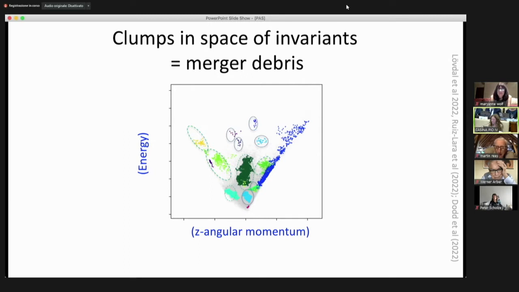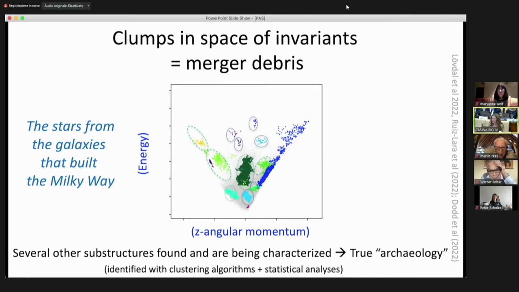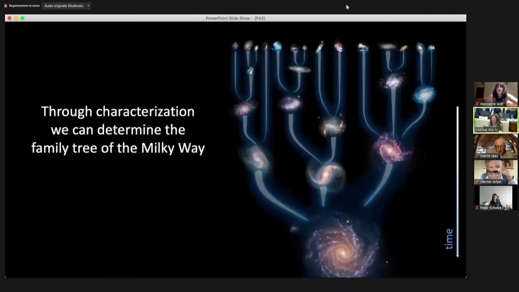And what you should realize is basically all of these substructures are made up of stars that were formed in objects a long time ago, but these stars are really in our own backyard. So by studying these objects, actually we're learning about how the universe looked like at very early times. So we're really doing true archaeology by reconstructing the history in this way.